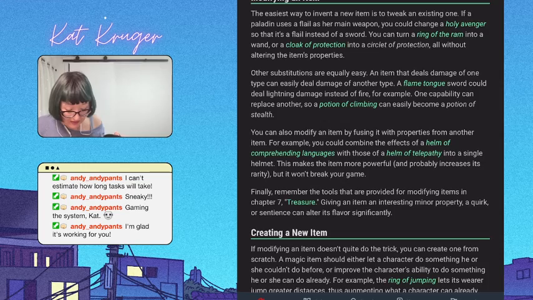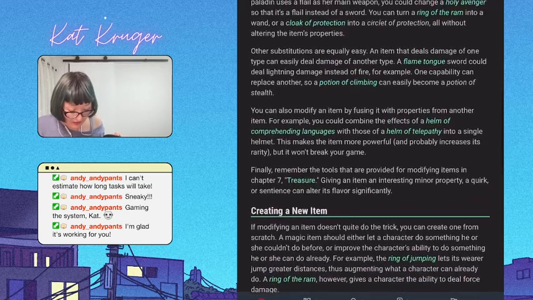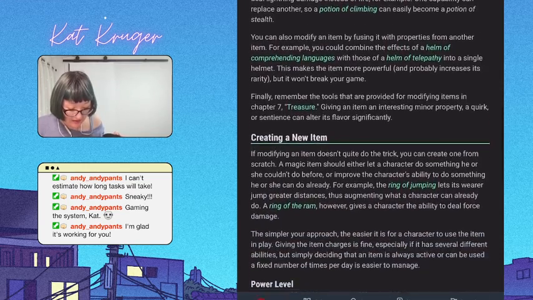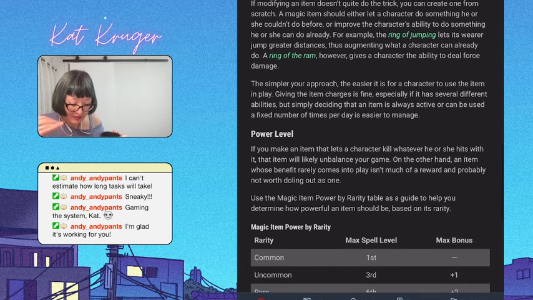This is not what we're doing in this session though, because we do want to get up to the next level of actually creating a brand new item. You can still take inspiration from the magic items that exist in the world, but what we're trying to do is create something that is brand new.